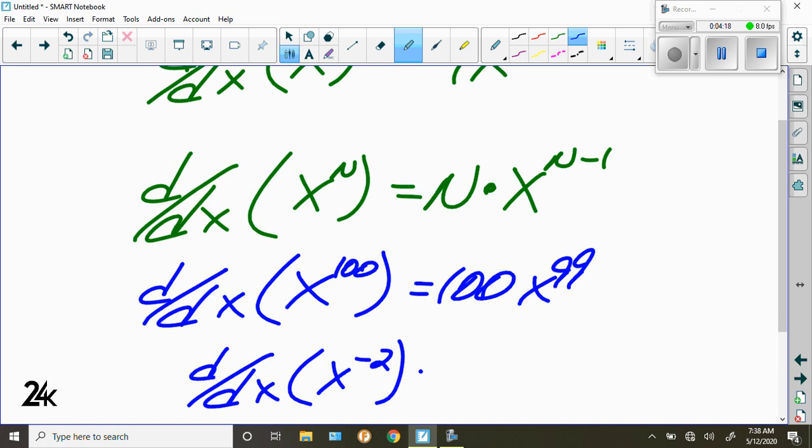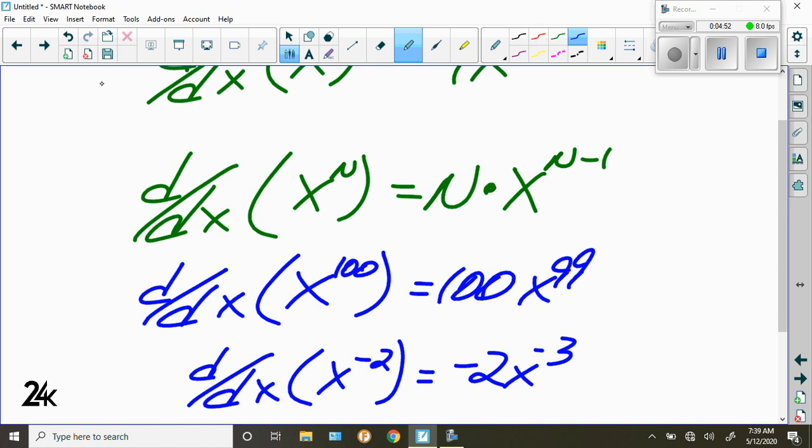That would be -2x to the -3, because you still subtract 1 from that power. And it can be decimals, positive numbers, negative numbers, fractions, it doesn't matter. You always take whatever the power is of the original, it goes out front, and then you subtract 1 from it. That's rule number 2, and you're thinking, these derivatives are pretty doggone easy.